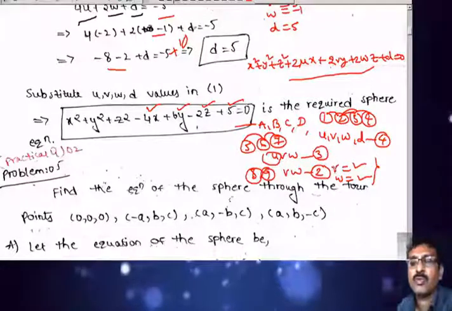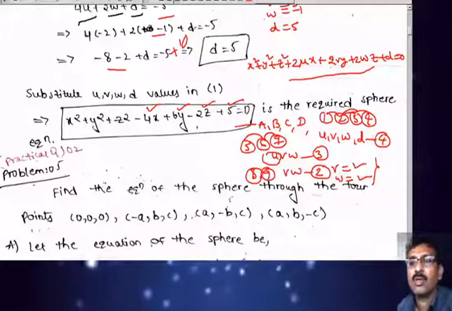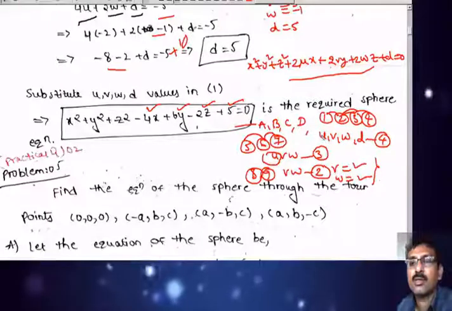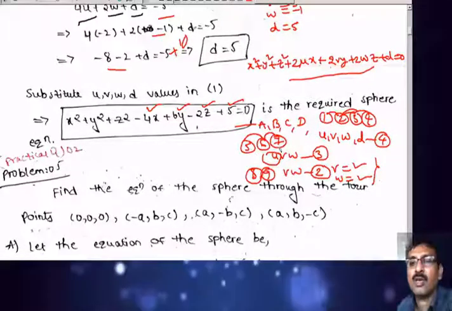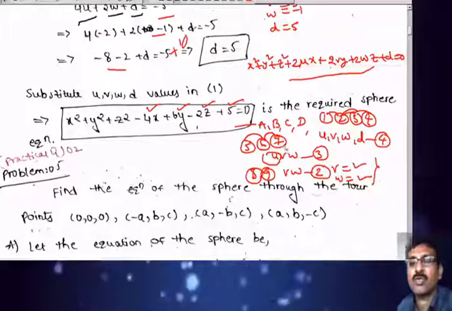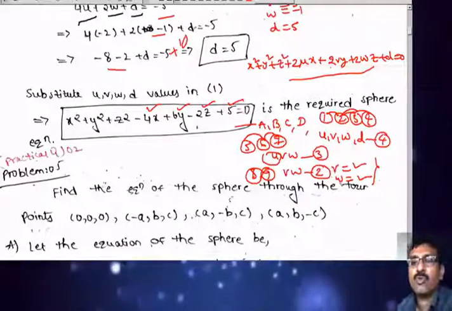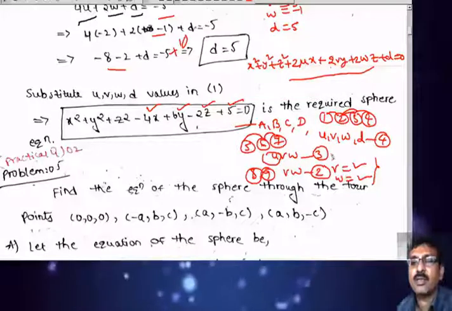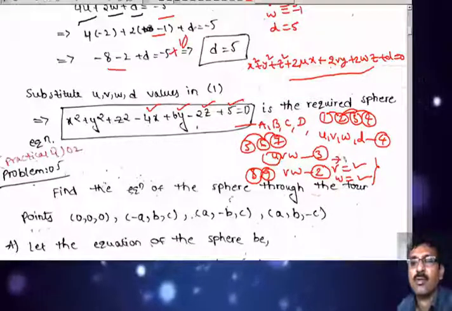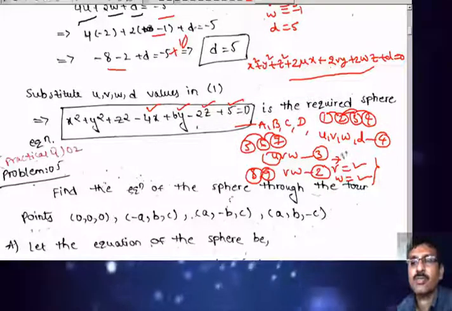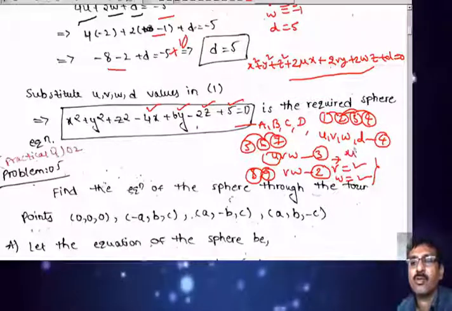By substituting the v, w values in one of the 5, 6, 7 equations, choosing any one which is simpler, we get the u value.